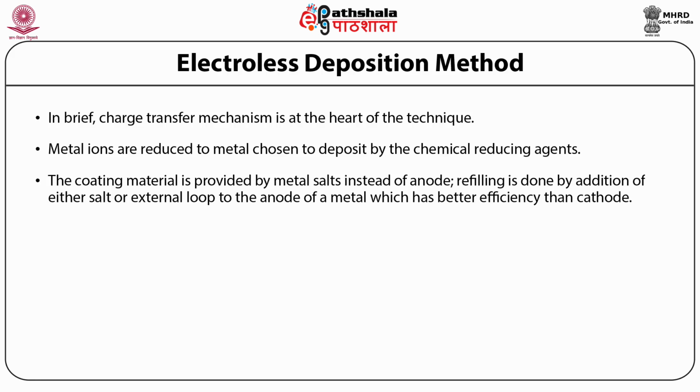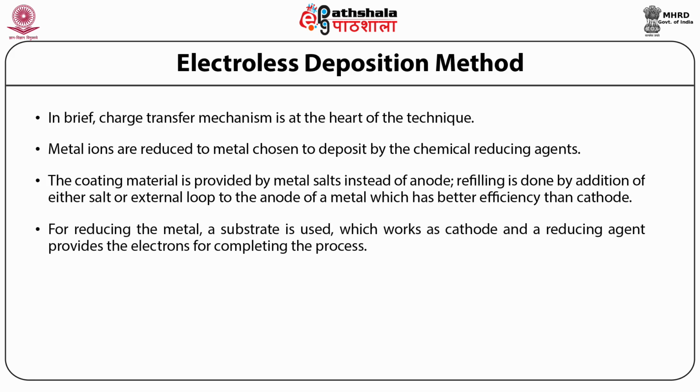Refilling is done by addition of either salt or an external loop to the anode of a metal, which has better efficiency than the cathode. For reducing the metal, a substrate is used, which works as cathode, and the reducing agent provides the electrons for completing the process.